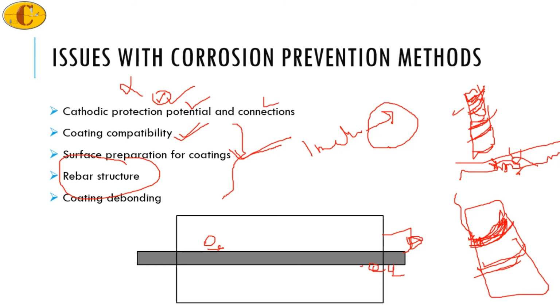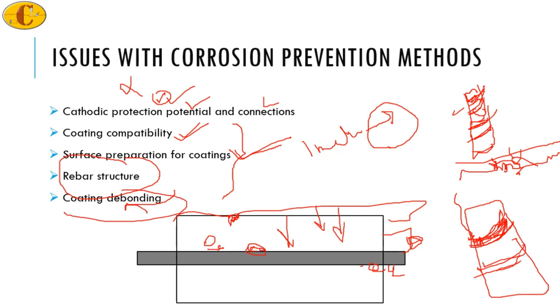Once you have these kinds of issues, even though you have a coating on the rebar, there may still be ingress of moisture through the coatings, or if there is some scratch in the coating, moisture and dissolved oxygen will still reach the substrate, and the moisture will interact with the coatings to cause coating debonding.